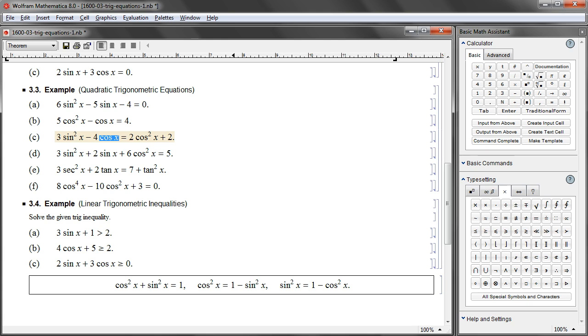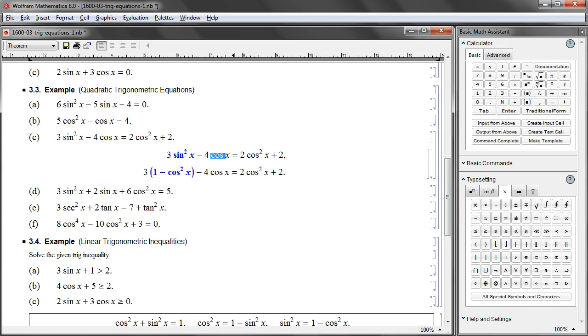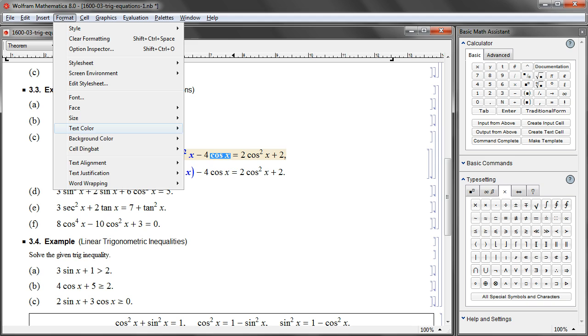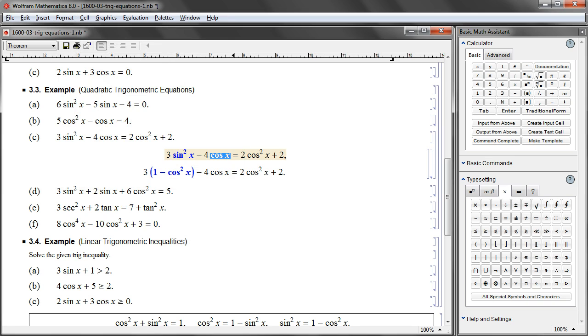So that dictates the direction of the problem. So let's make this observation. Let's highlight this one in bold red. And because of that, we have to change into cosine.